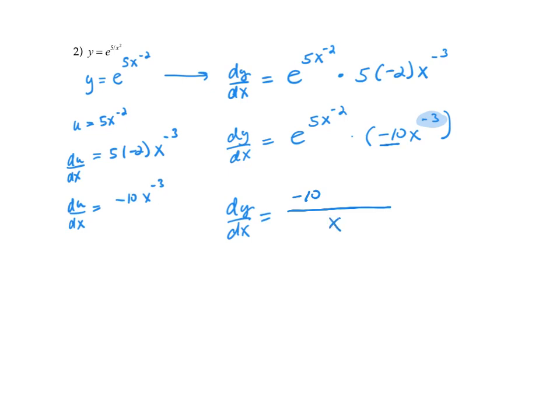Put x to the third in the denominator. And we have e to the 5x to the negative 2. So we have a little issue here with this exponent. So I'm going to rewrite that final answer, one more step, as negative 10 e to the 5 divided by x squared power all over x to the third.